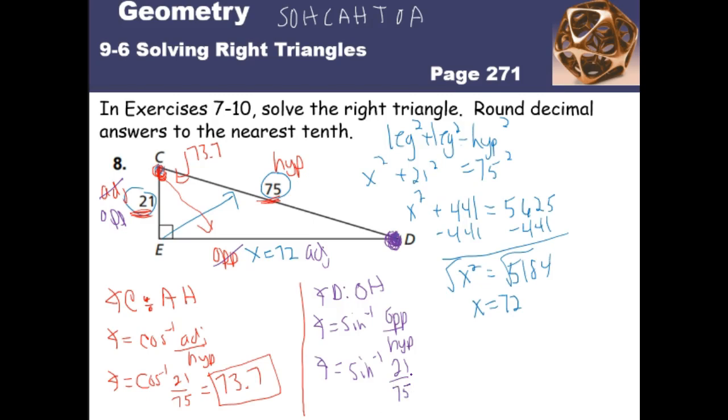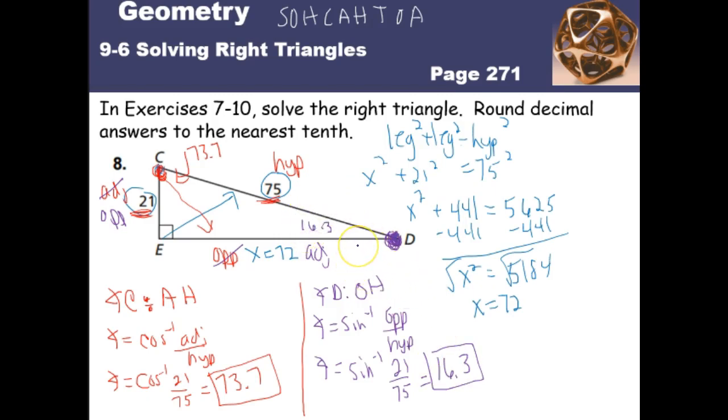So on my calculator, I'm going to do second sine, and then 21 divided by 75. And you get 16.3. It's 16.26 actually, but the 6 makes the 2 a 3. So 16.3.